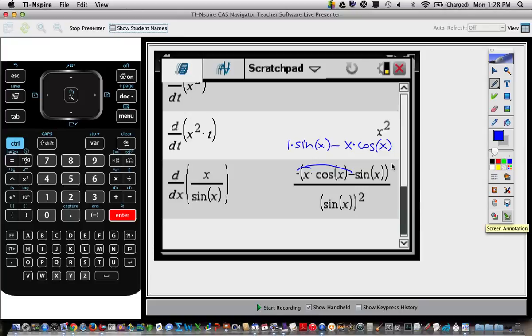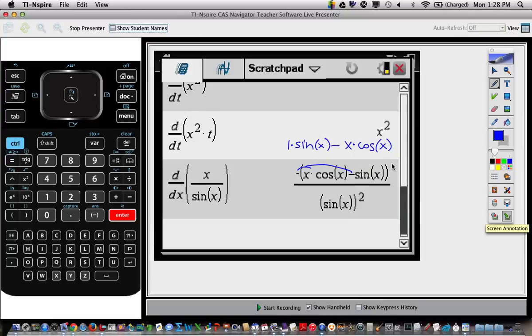Where'd the 1 come from? Derivative of the top. Leave the bottom alone. See the take turns thing again? This time it's a minus thing, right? The quotient rule has a minus in it. Product rule has a plus. And then it's the x left alone, and then the derivative of the bottom, right? So it's just like product rule was, except it's got a minus.